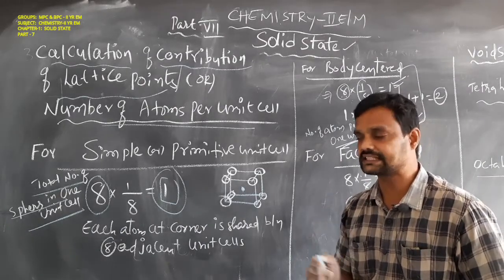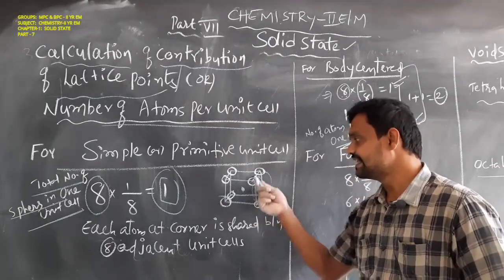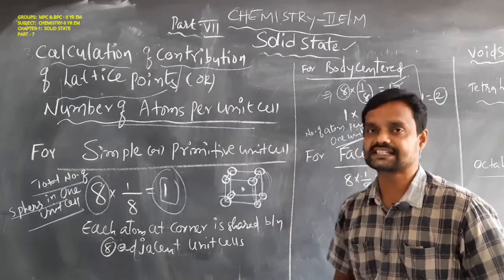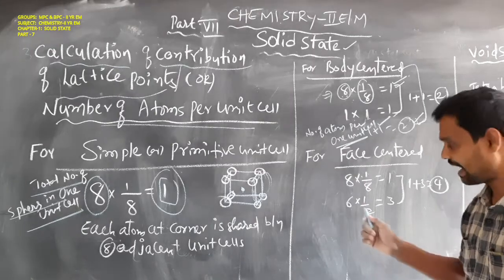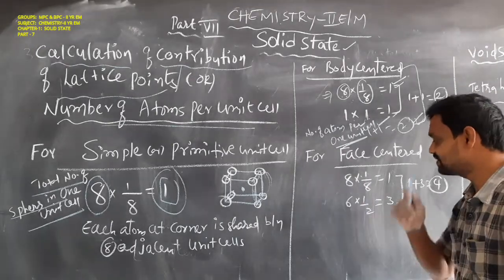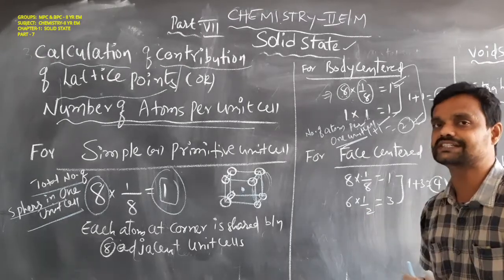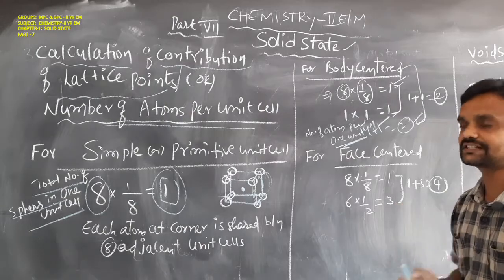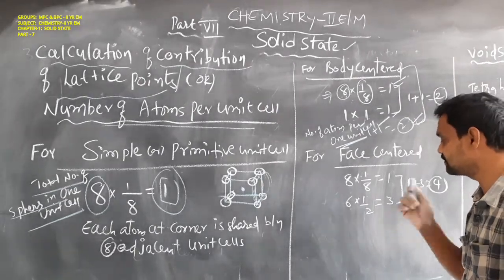Each face atom is shared by 2 unit cells, for the 6 face atoms. How much does each unit cell require? 1 by 2, because 2 unit cells share the face atom, so each unit cell requires 1 by 2. So 6 into 1 by 2 is equal to 3.